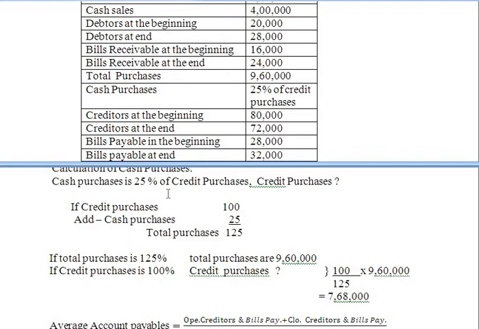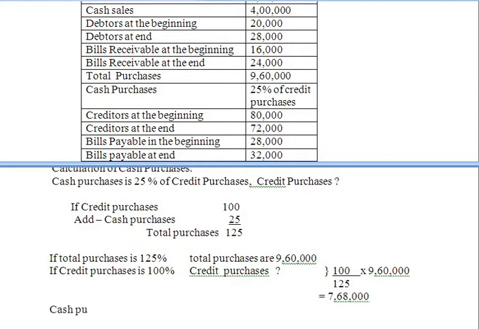Here we have written calculation of cash purchases. So next line, write cash purchases is equal to total purchases minus credit purchases.